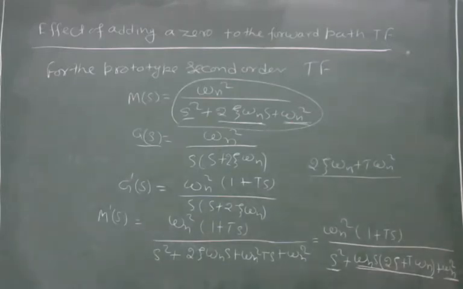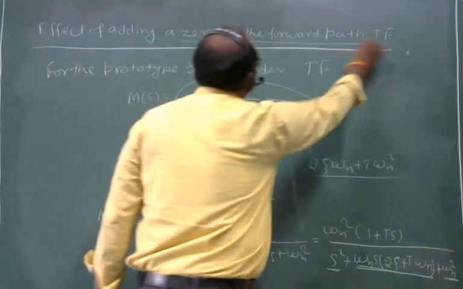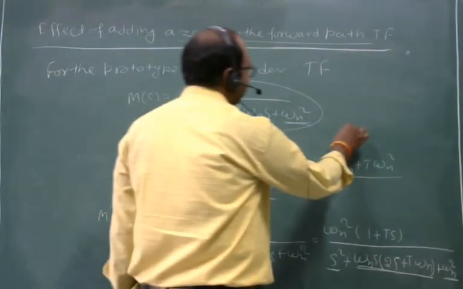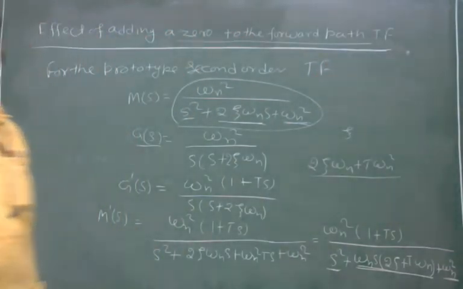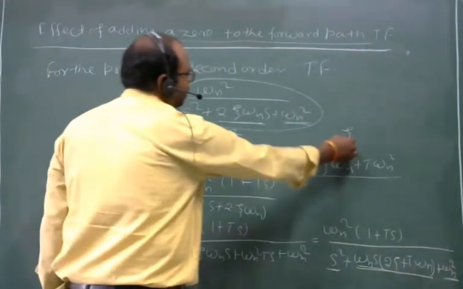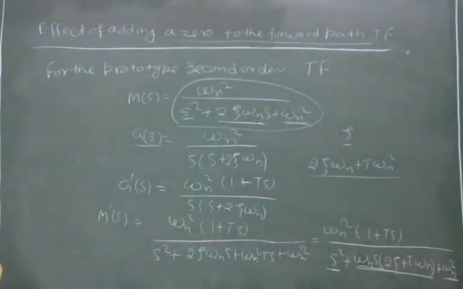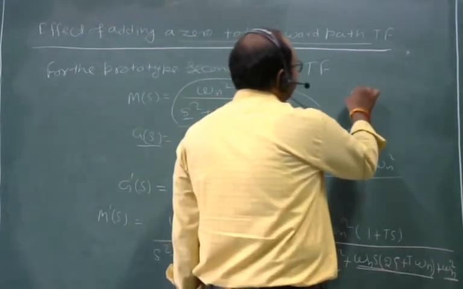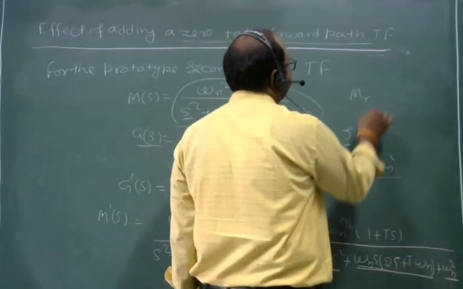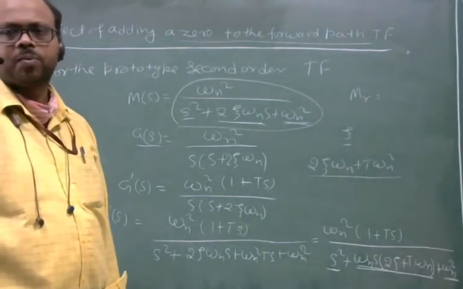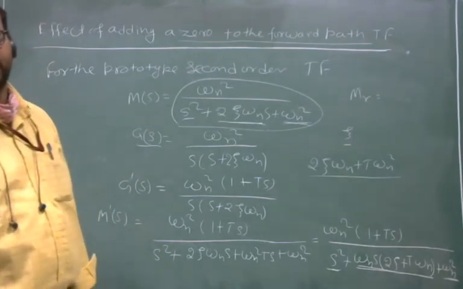It means adding a 0 to the forward path transfer function affects zeta. It doesn't affect omega n, but it affects zeta. And if zeta is affected, then the resonance peak MR will also be affected, because MR is dependent only on zeta.